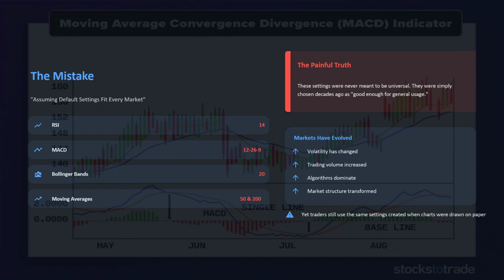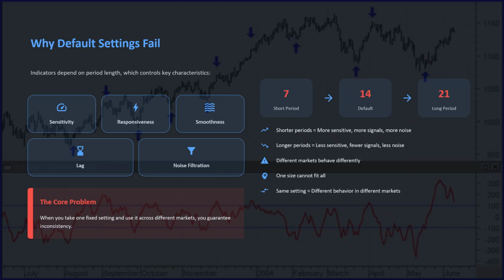Yet traders still use the same settings that were created when charts were drawn on paper. And indicators depend on period length, which controls sensitivity, responsiveness, smoothness, lag, and noise filtration. When you take one fixed setting and use it across different markets, you guarantee inconsistency.